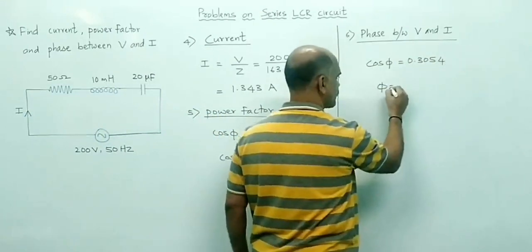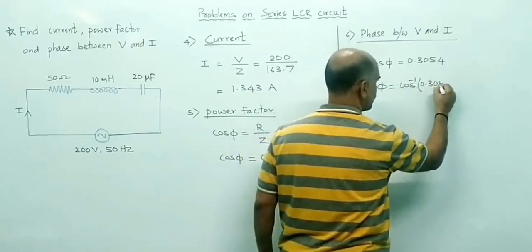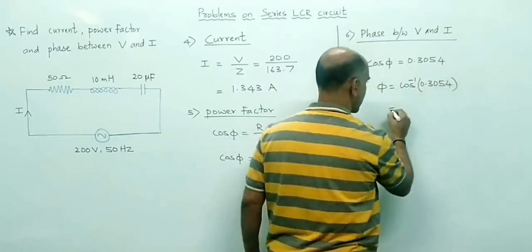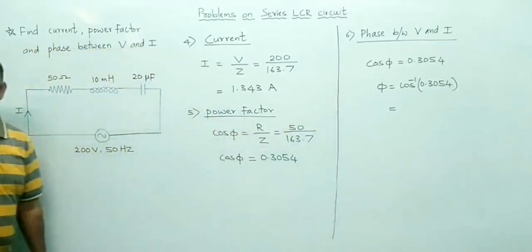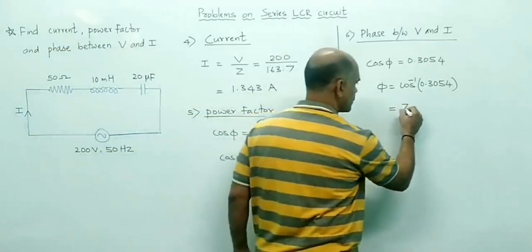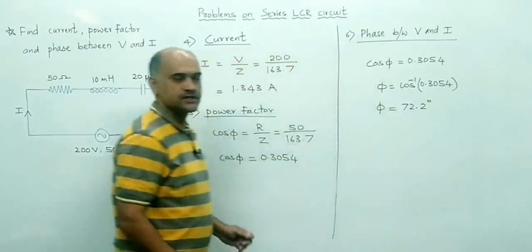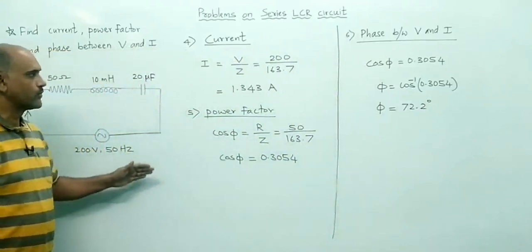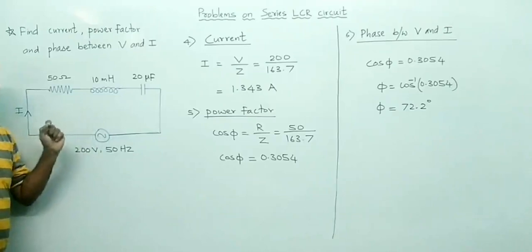Therefore phi is equal to cos inverse of 0.3054. You can use a trigonometric table and find the value of phi. It is 72.2 degree. So phase you will get is 72.2 degree. So this is how you are required to solve the problem.